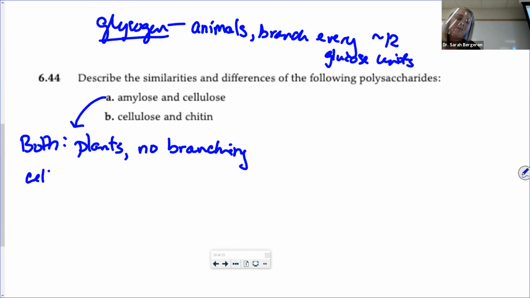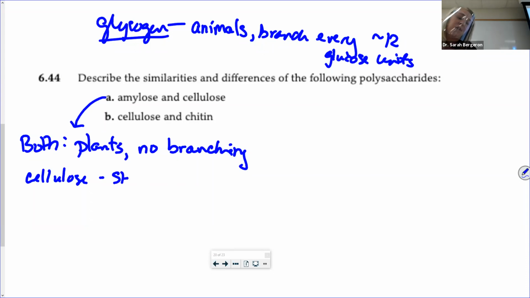How about cellulose? This is one we haven't talked about yet. Where do we find cellulose? It's plants, but it's not there for storage. It's there for structure.